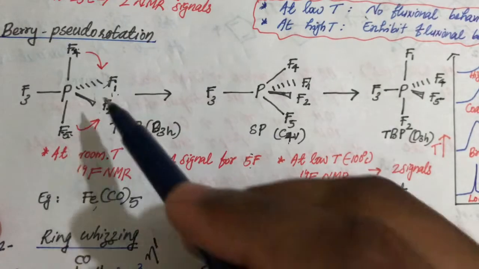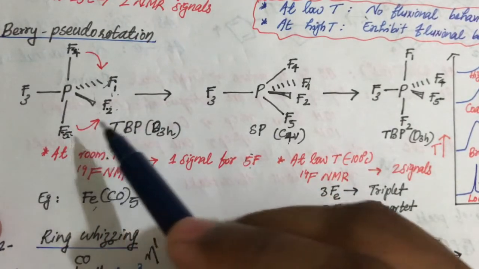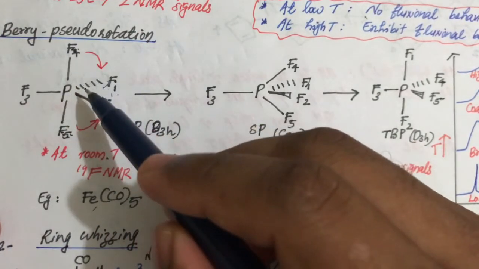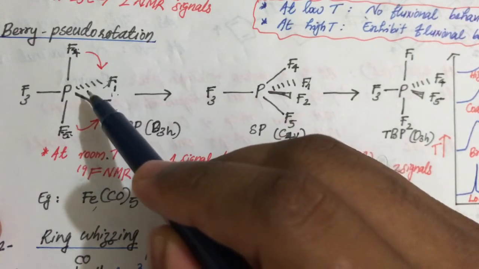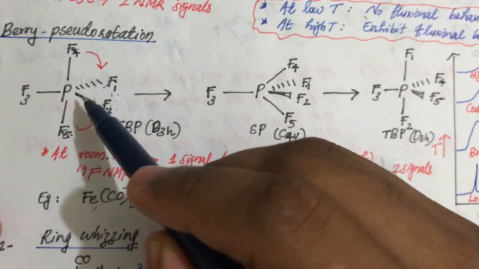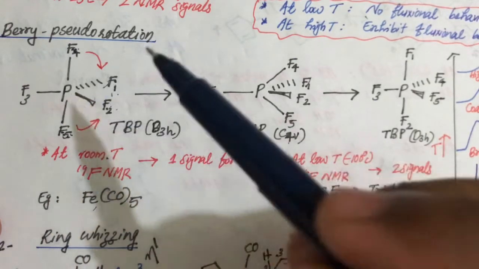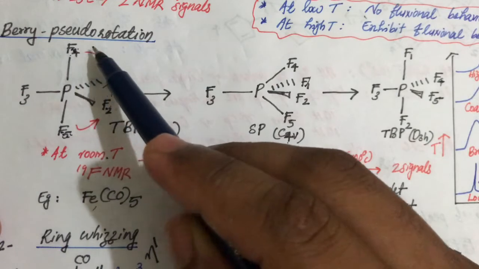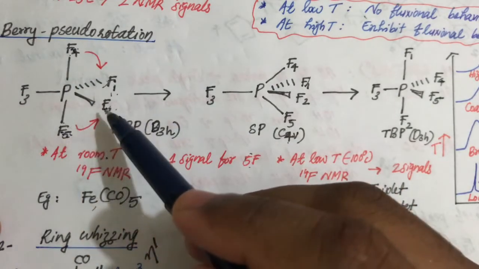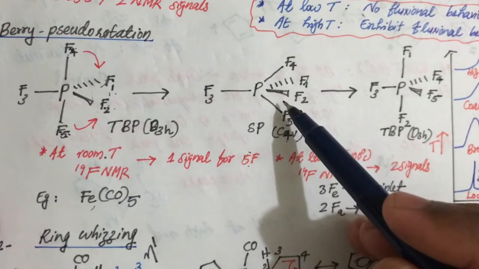So this is our trigonal bipyramidal molecule at a high temperature. We know that fluxional behavior happens at high temperature only. At a high temperature, this axial bond is distorted, this axial bond is also distorted, so you will end up with this structure.